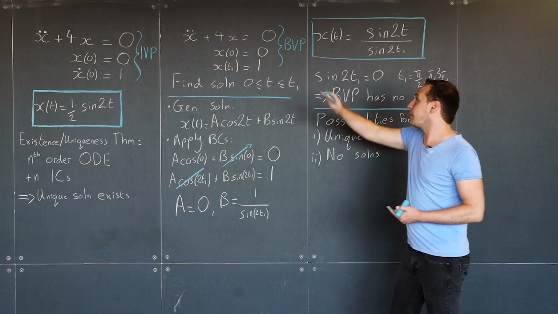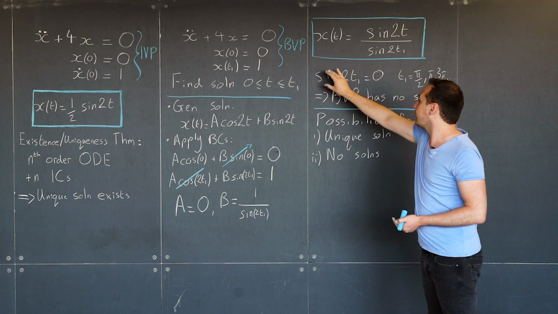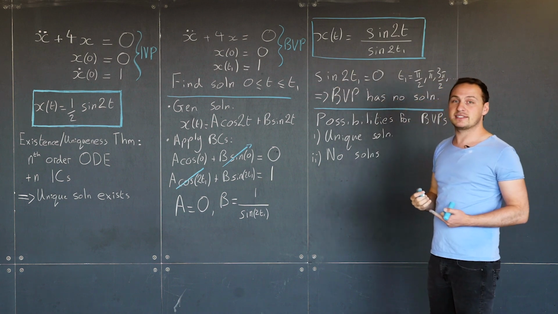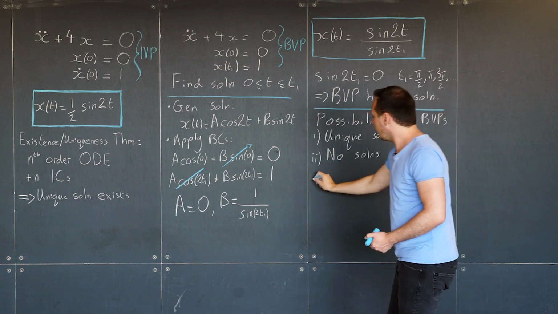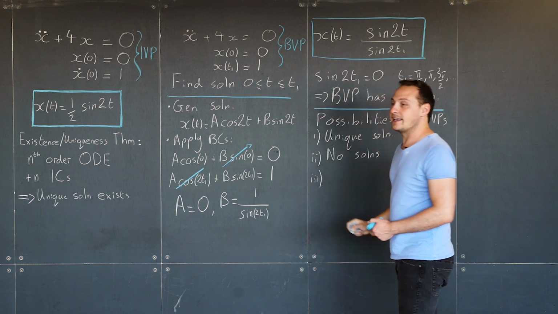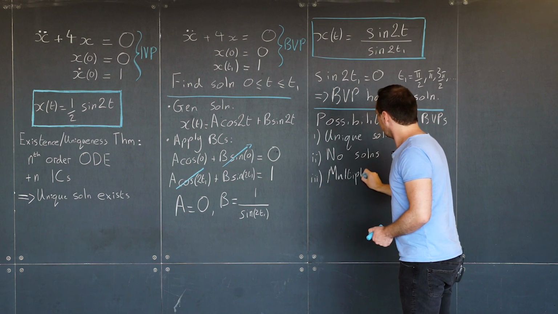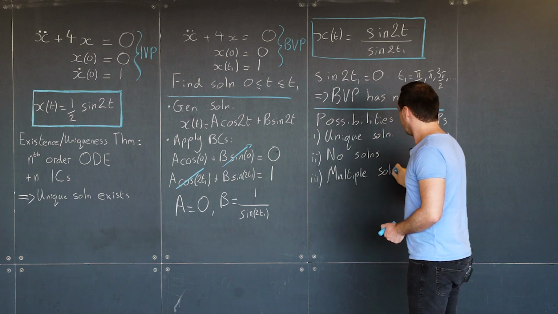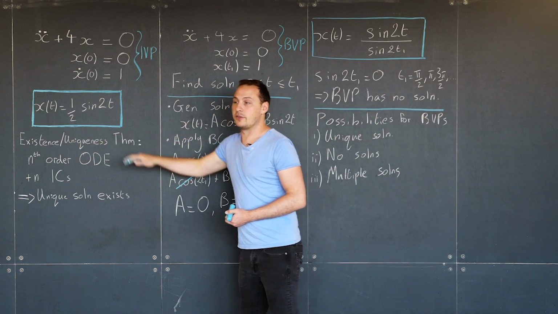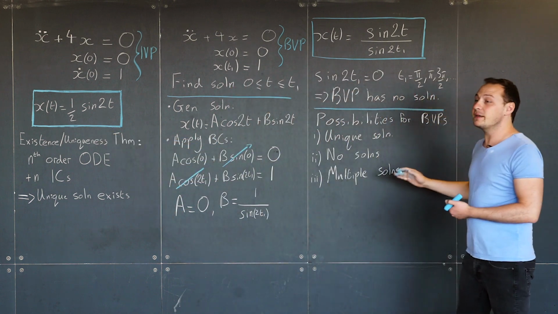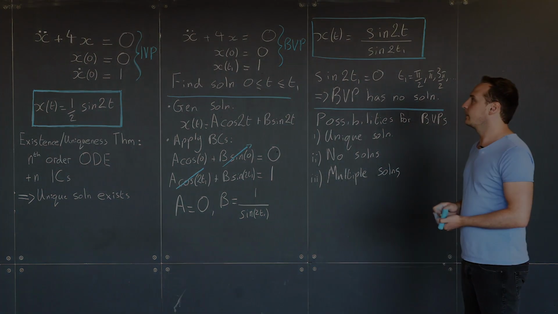This occurs for this boundary value problem whenever t1 takes on one of the values that makes sine of 2t1 equal 0. So in that case, we have no solution whatsoever. The third possibility is that we have multiple solutions. This would violate the uniqueness part of the uniqueness theorem, and is a possibility for boundary value problems that you will see in later exercises.